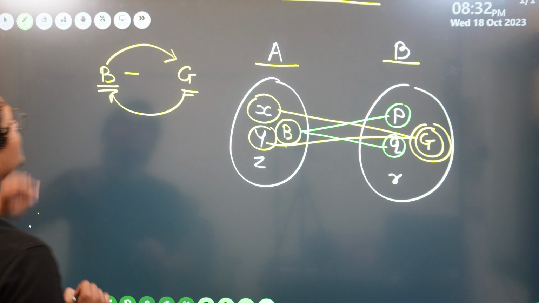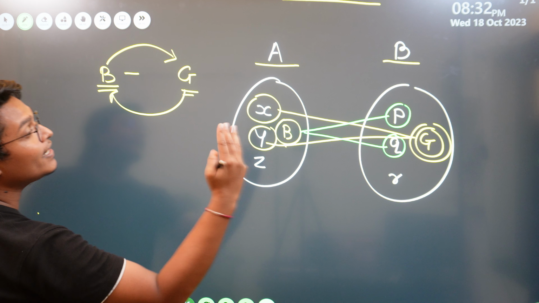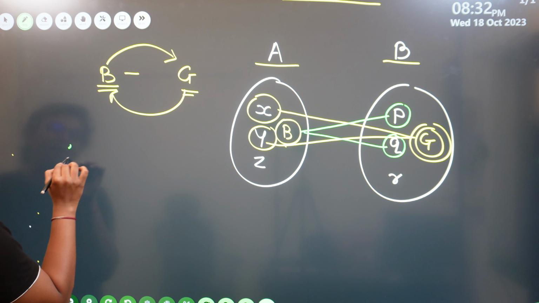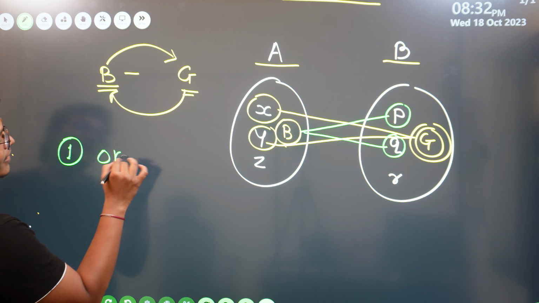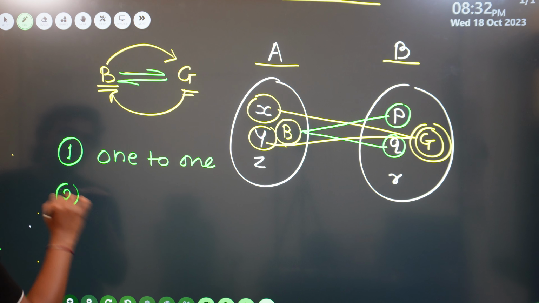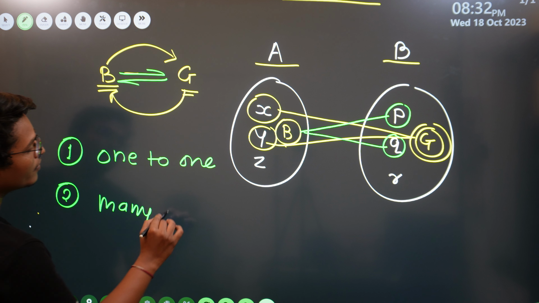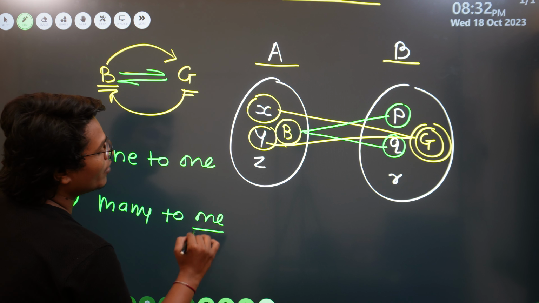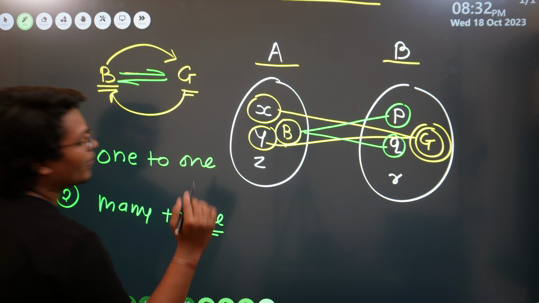So what I'm trying to explain is that three types of relations are being formed here. The first relation is one-to-one, like from bride to groom, groom to bride. The second one is many-to-one: from the first family, many members are related to a single member of the second family.